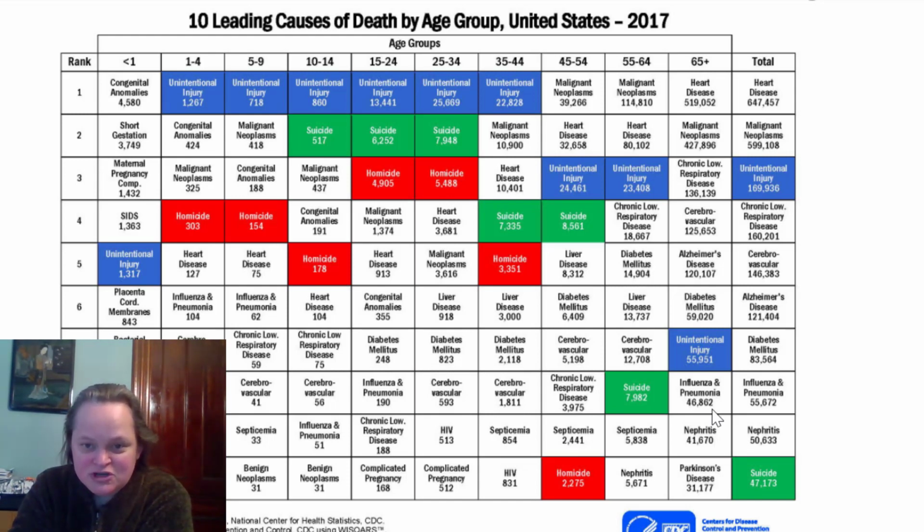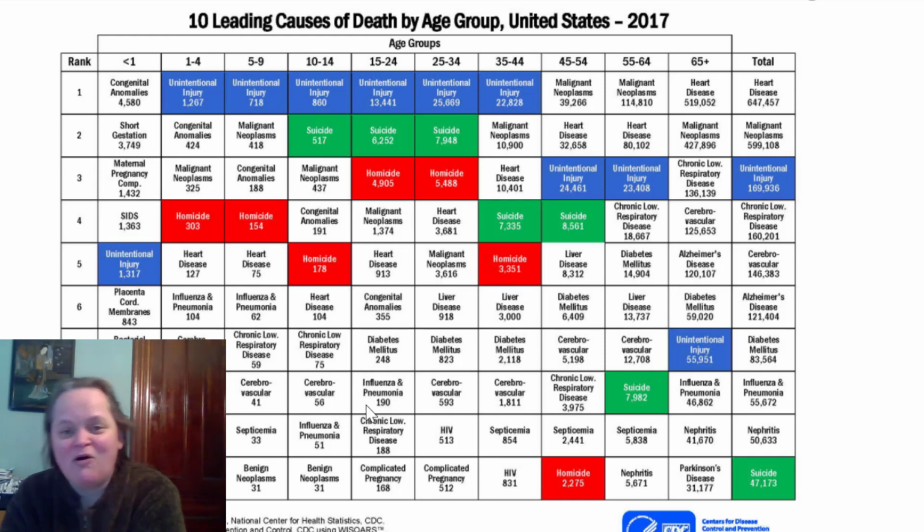Let me just see if it shows up at younger ages, and no, it's not showing up in the 55 to 64. Just taking a look, not showing up in the 45 to 54, not showing up in the 35 to 44. Let's see, we're not seeing it in 25 to 34. Notice complicated pregnancies here, but that's only 512 people. 15 to 24, we do see flu and pneumonia, but it's less than 200 people.